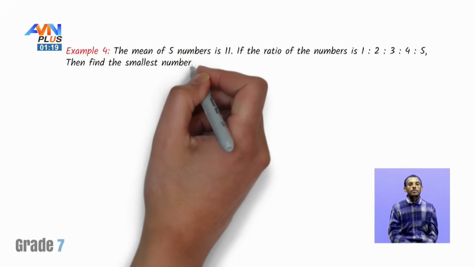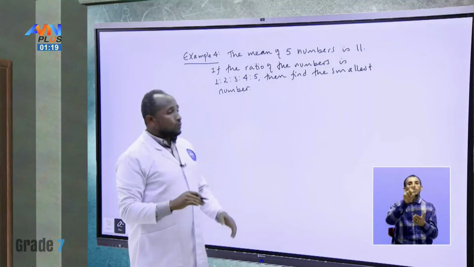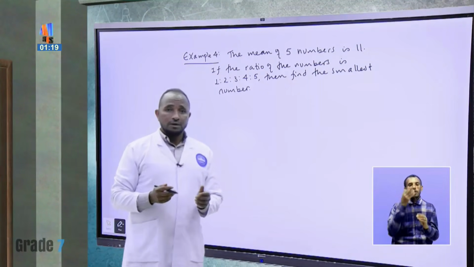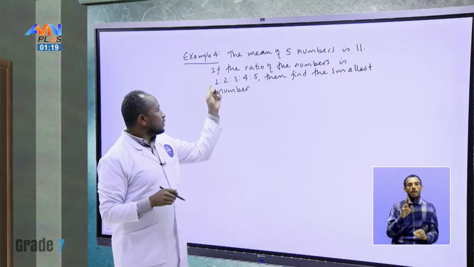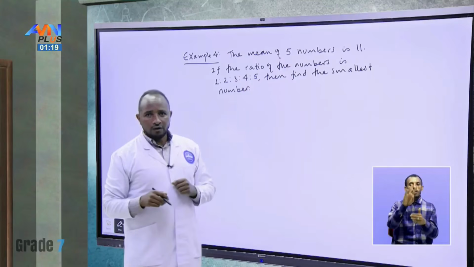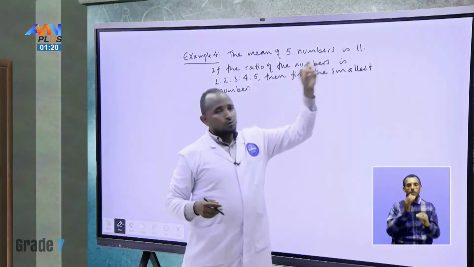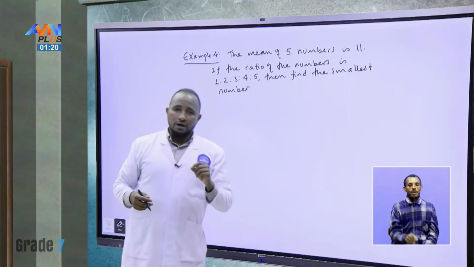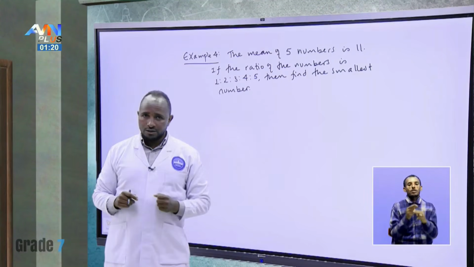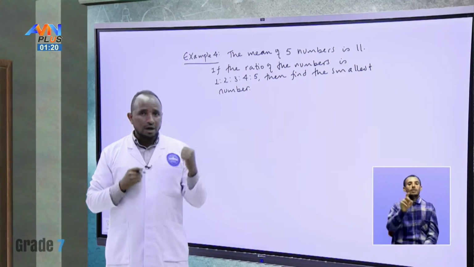Find the smallest number. So here, in this question, we have 5 numbers, but the numbers are not known. The numbers are in the ratio of 1:2:3:4:5, and the mean of these numbers is given to be 11. We are asked to find the smallest of these numbers. So how do we do this question? Let's try together.